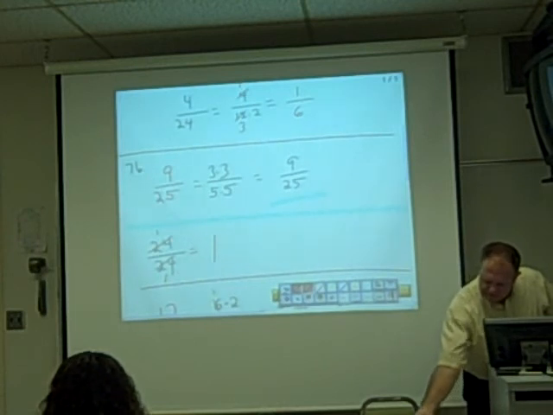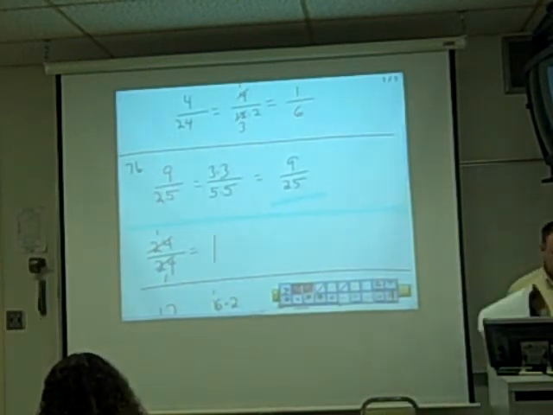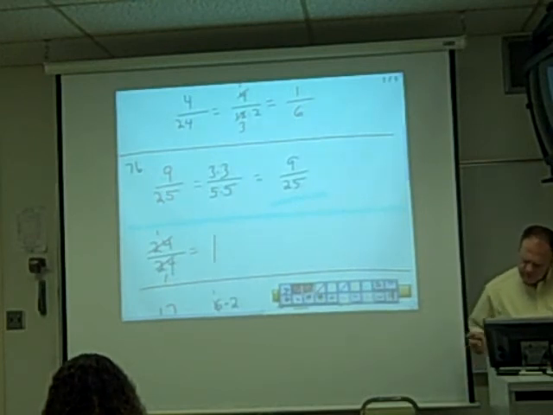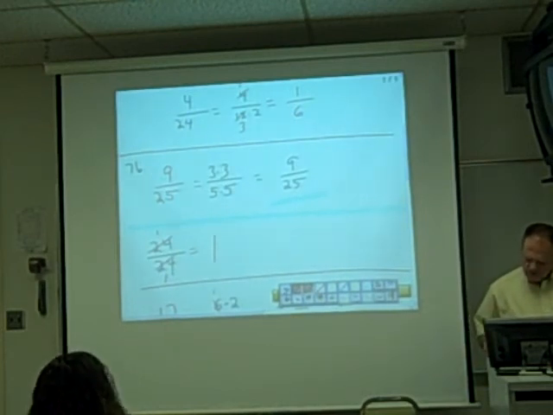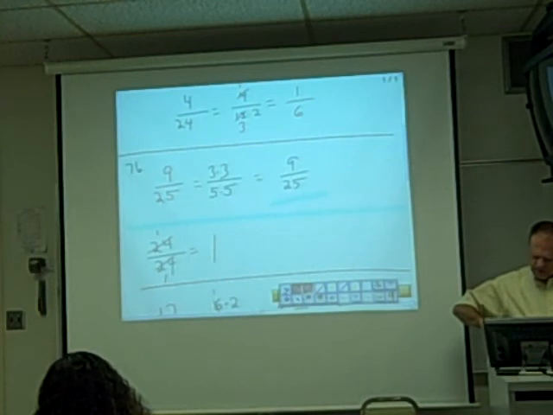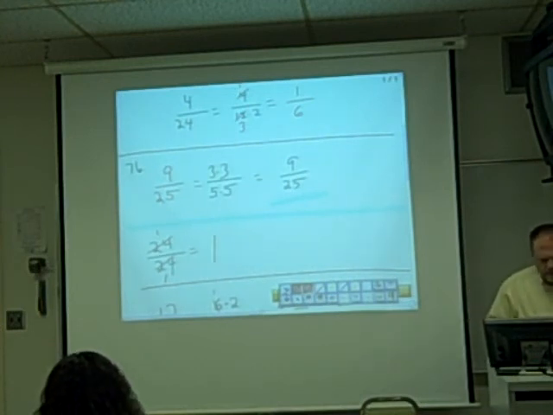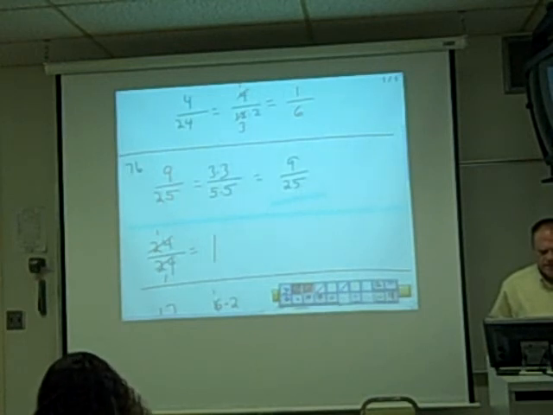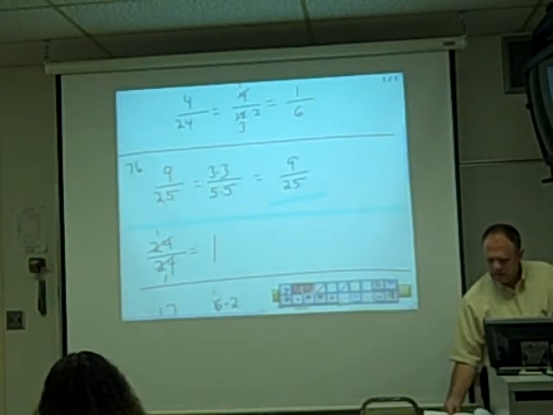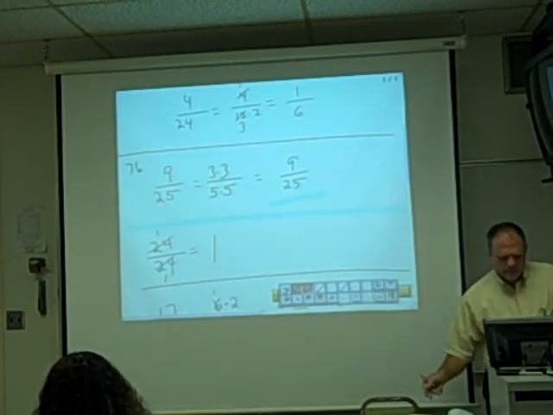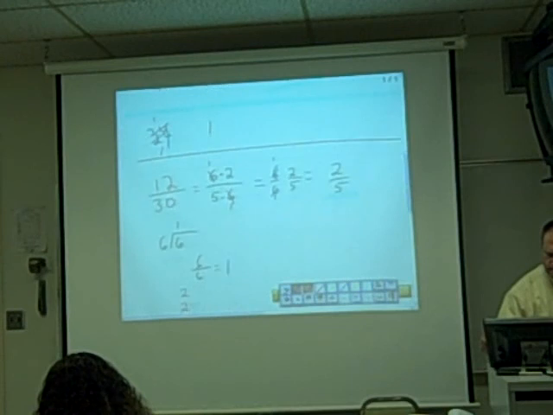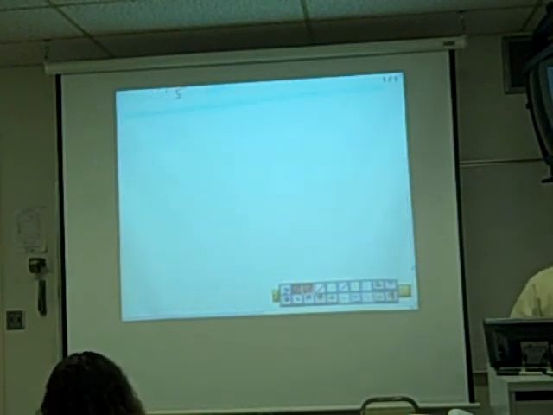On problem 75, it's on the next page. Yeah, that one is similar to what I did on 76. Okay.